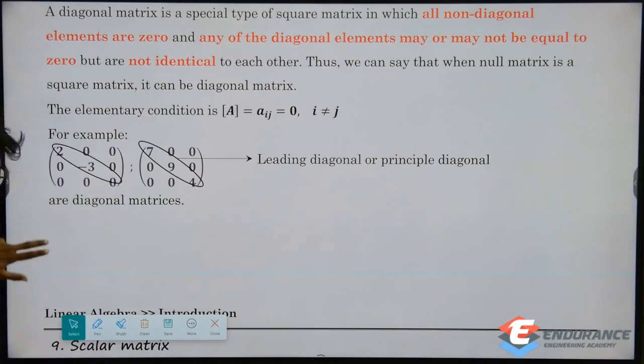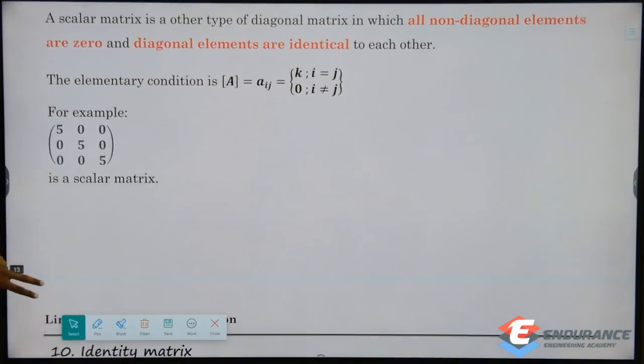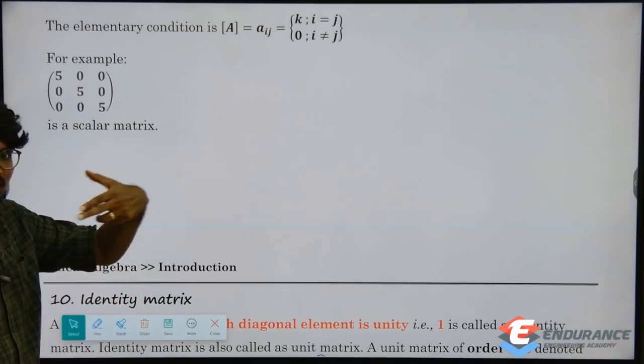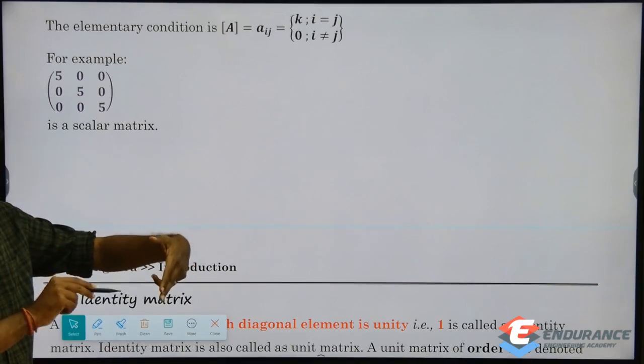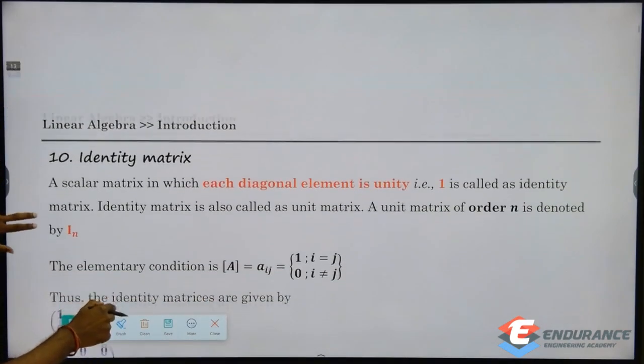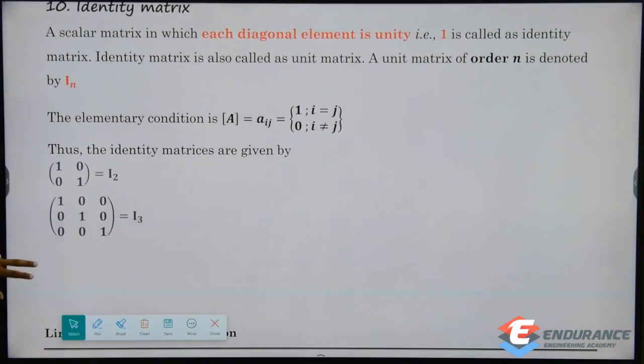But scalar in the sense, all the diagonal elements should be same. Okay, 5, 5, 5, 7, 7, 7, etc. It should be same. Identity, that you know. Identity matrix is a scalar matrix where the diagonal elements will be 1. Okay, so instead of 5, 5, it will be 1, 1, 1, whatever case it is. Okay, second order, third order.